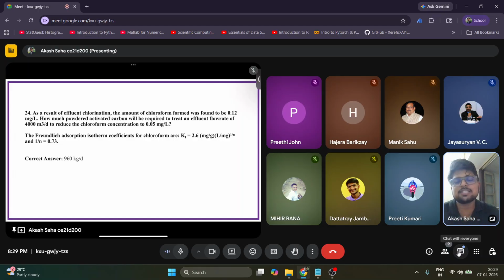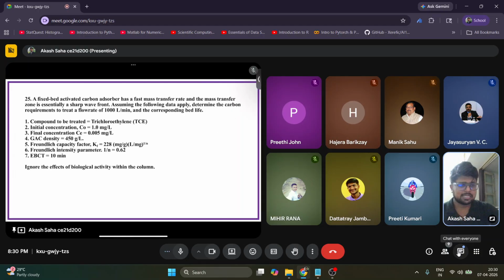So it will be 2.6 to the power of 0.73 into the concentration to the power of 0.73. That will be the equilibrium equation. That was the mistake that we were making. Yeah, I understood it now. So you have to solve it like this because only the KF value is given. Okay, so one more problem we have for today. Let's solve this.